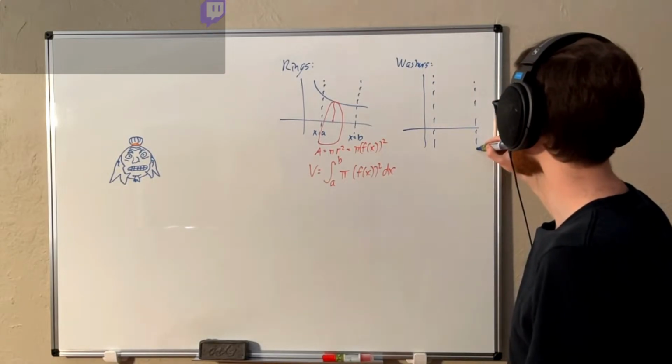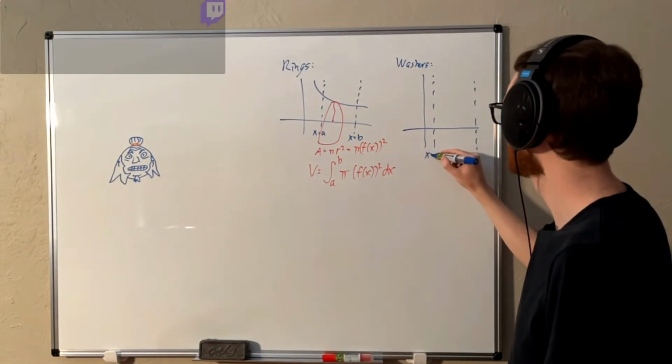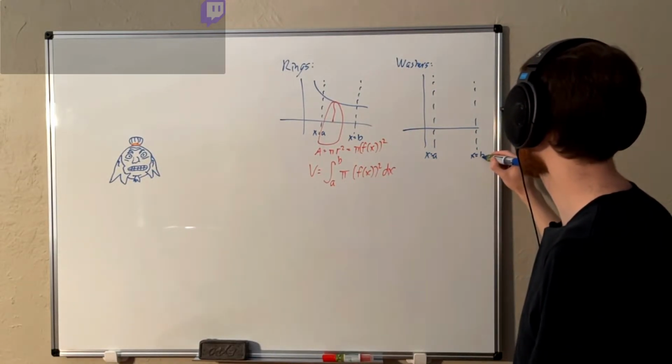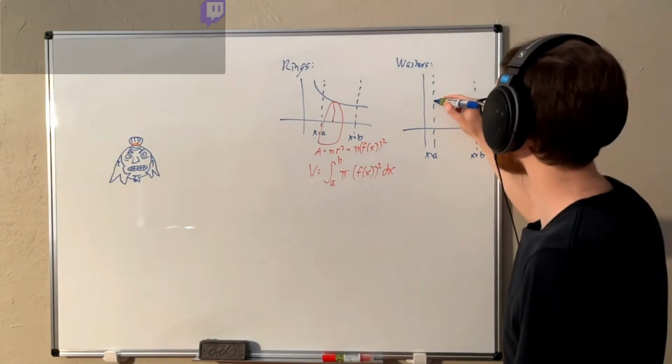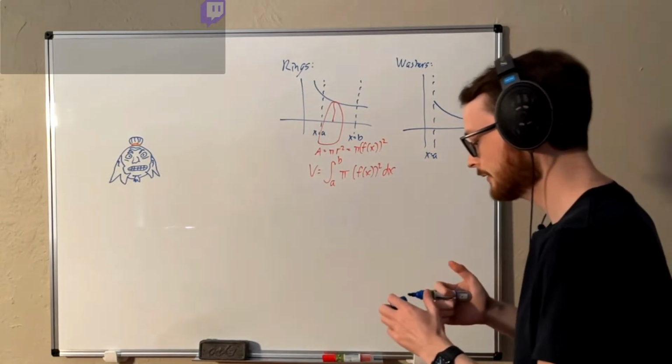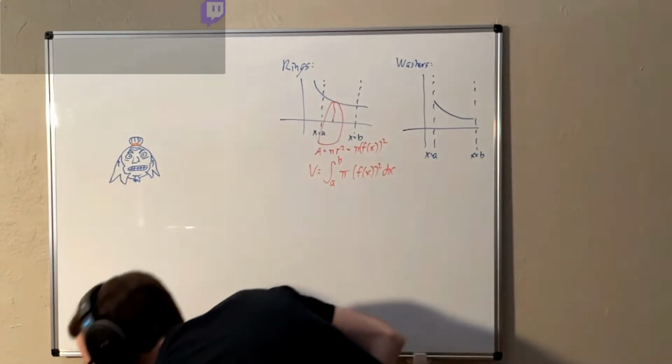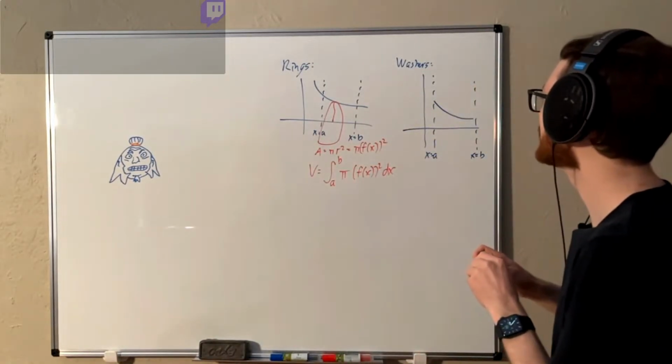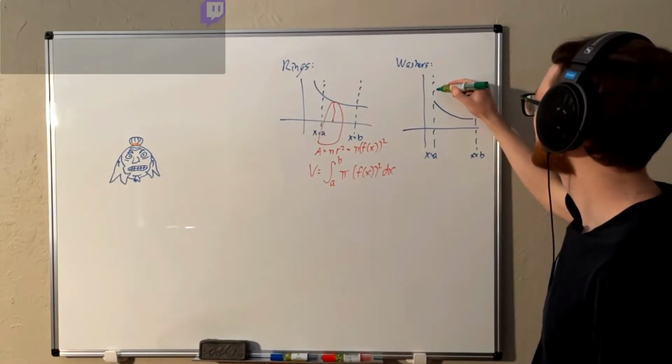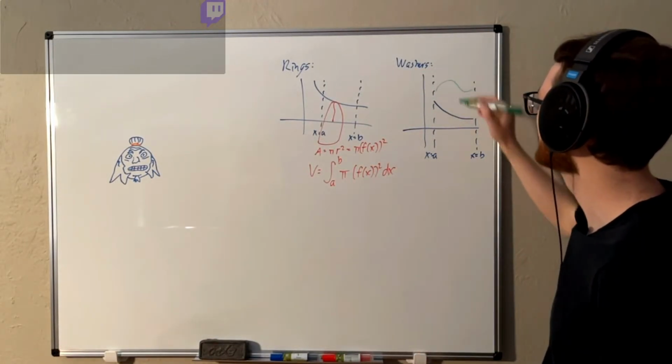So with washers, the task is usually to find the area between two curves. So let's have a curve like that, like we just had, and then a second curve. I'll go something like that.